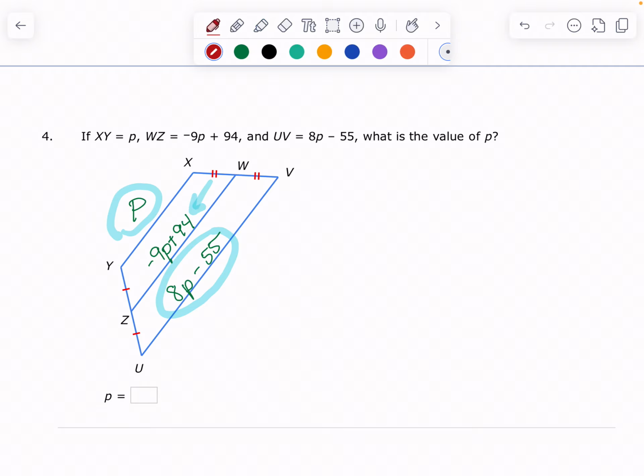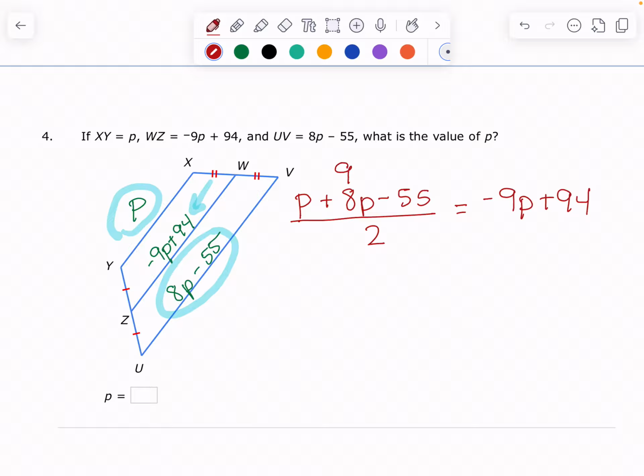So I'm going to write that out. I'm going to have p plus the biggest one, 8p subtract 55, and I divided that by 2, it would equal negative 9p plus 94. And then it's just solving that, right? So let's see. p plus 8p is 9p.